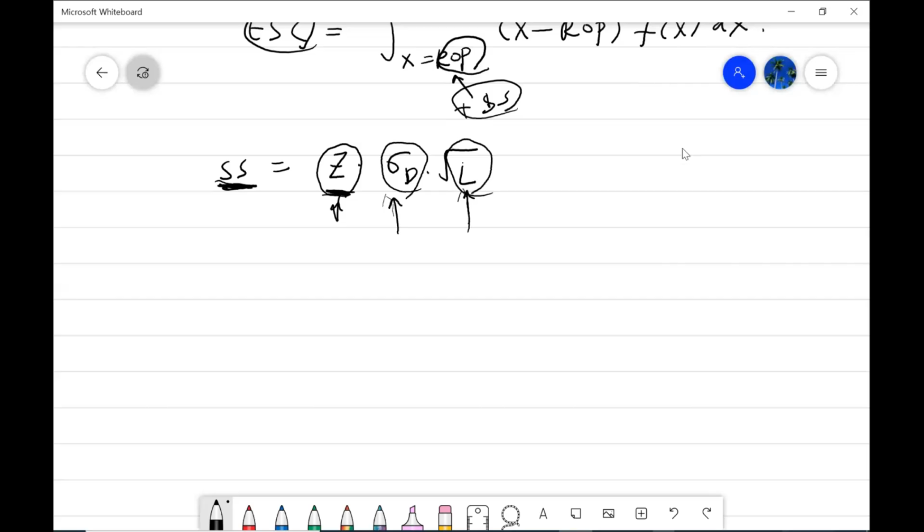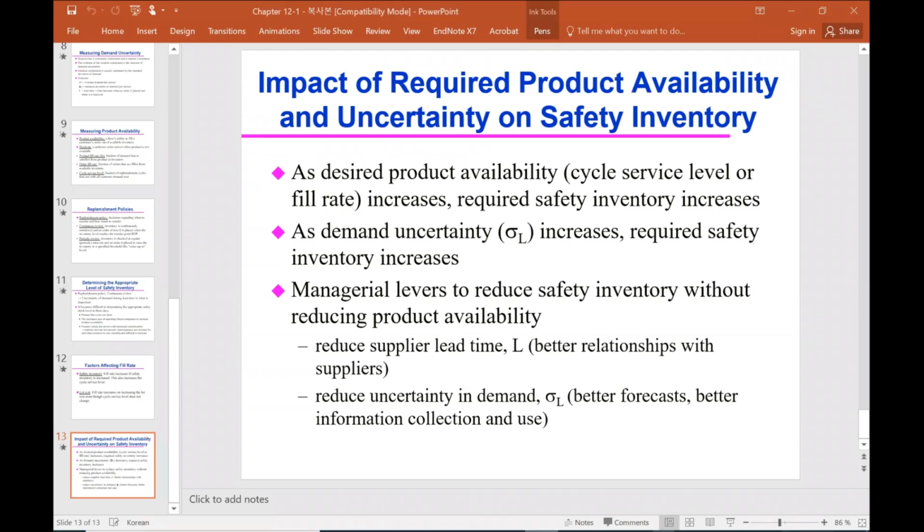So that's why, on the PowerPoint, the only choice you have to maintain good product availability while reducing the safety stock is to either reduce the supplier lead time or reduce the uncertainty in the demand. But unfortunately, you are not able to do this alone. So what shall we do?